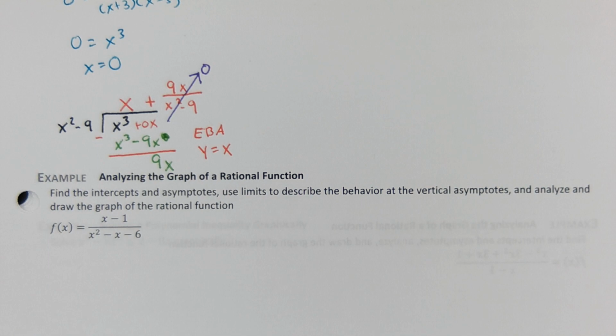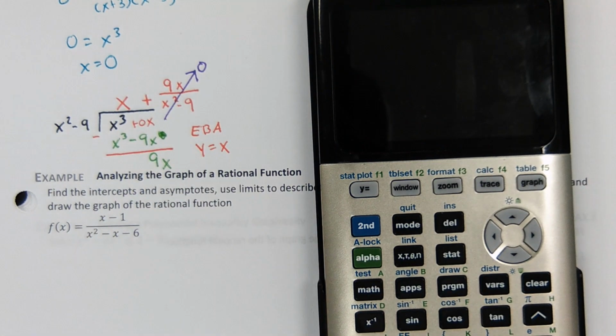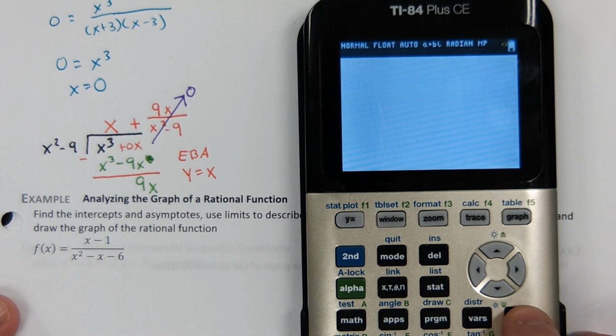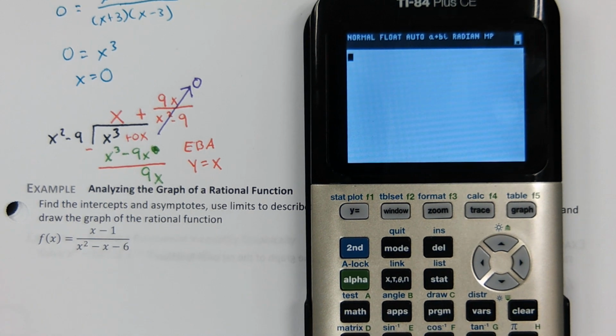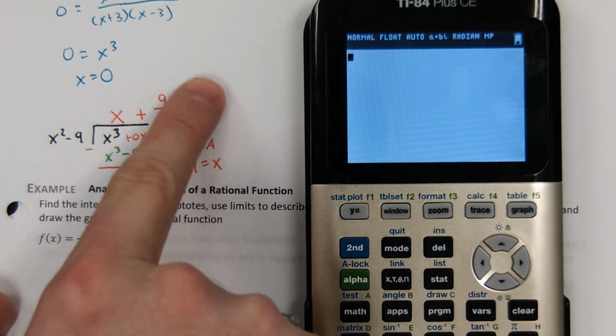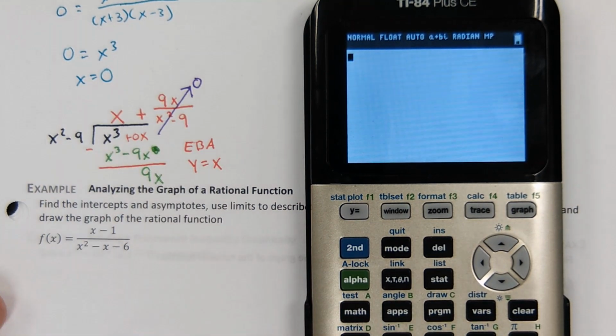To prove it to you, here's my calculator. I'm going to allow x to be a really big number. I'm going to let that number be 1 million. Okay? And I'm going to plug in 1 million to this whole thing.